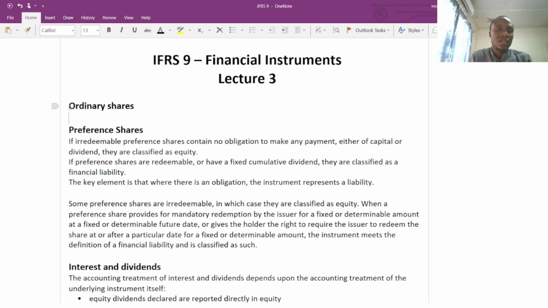The ordinary shareholders are the actual owners of the company, so we need to look at the key rights of the ordinary shareholders.